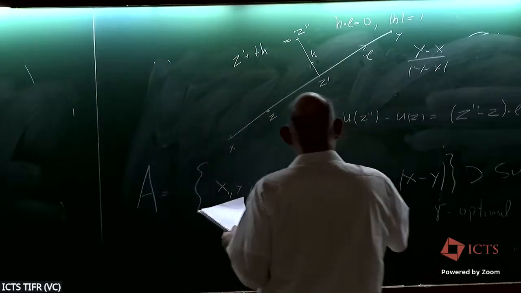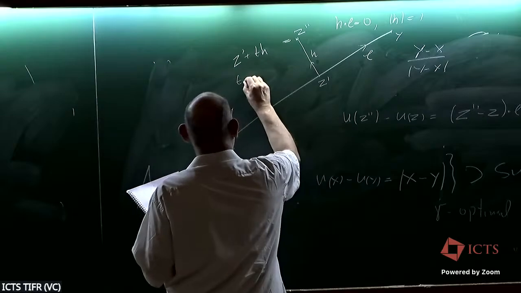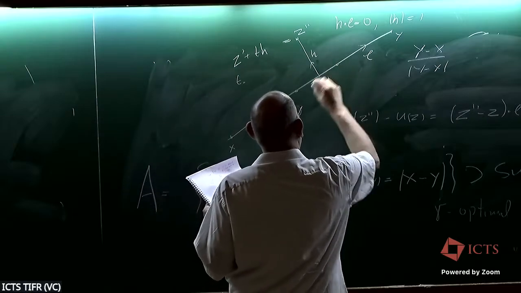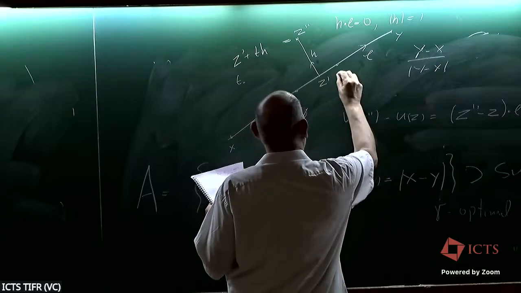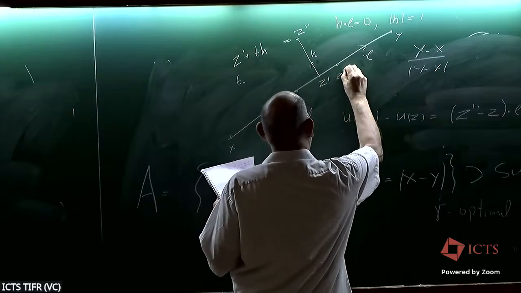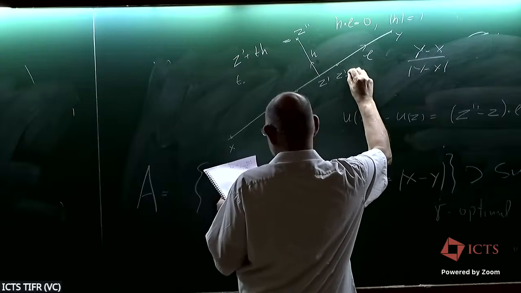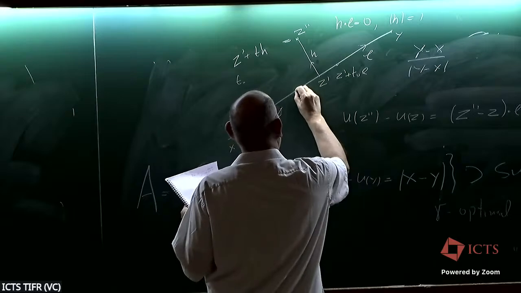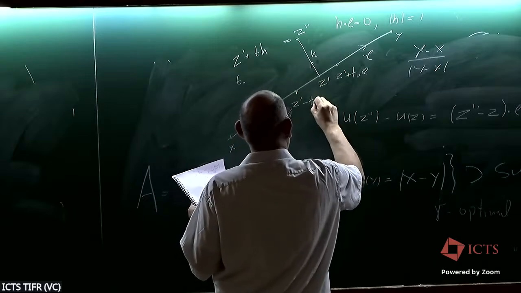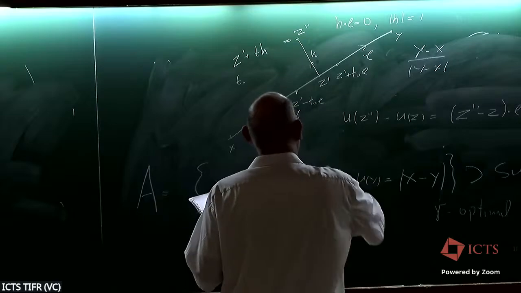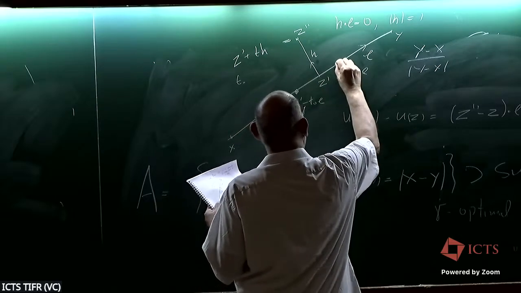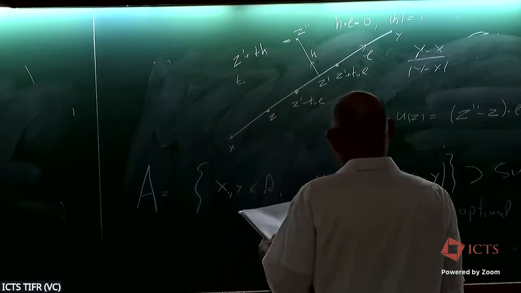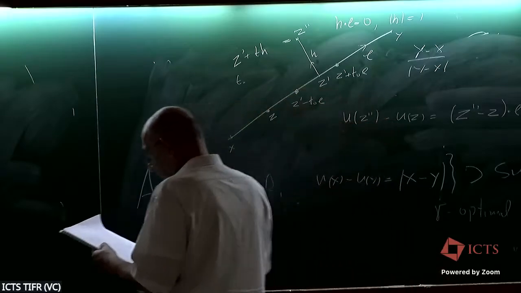And let's fix some number T0 and consider these 2 points. This is Z prime plus T0E, and this will be Z prime minus T0E.